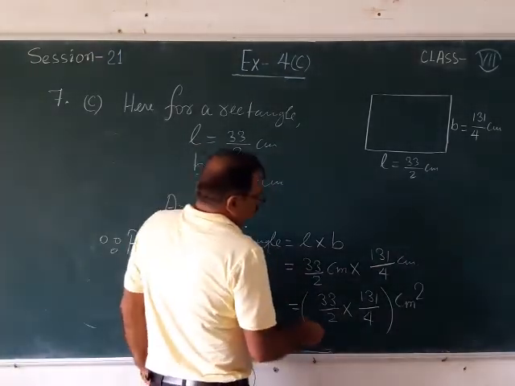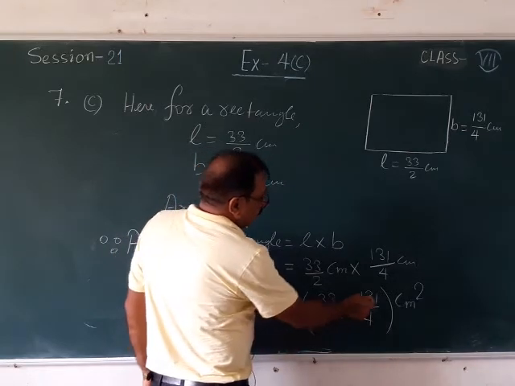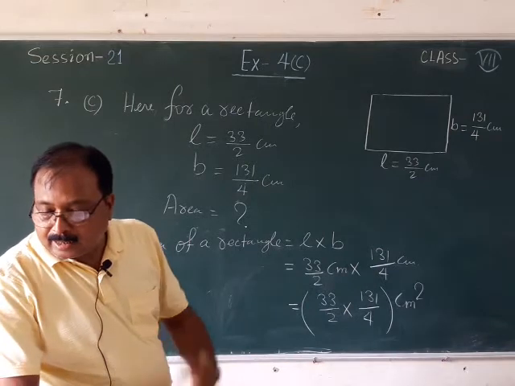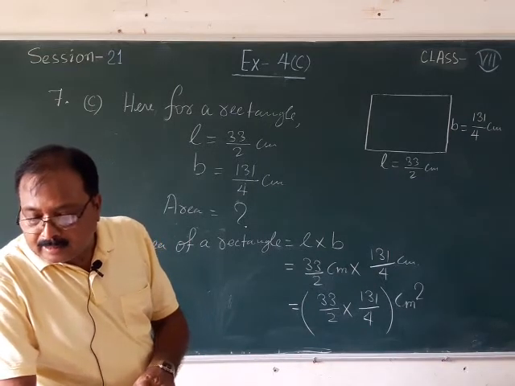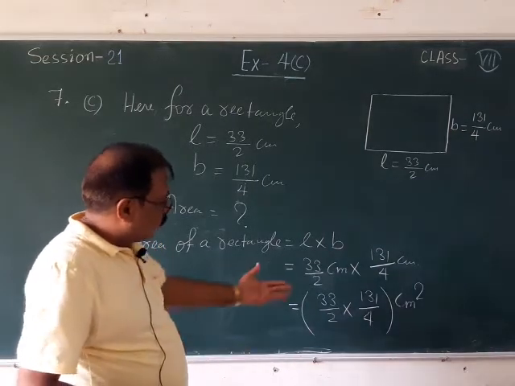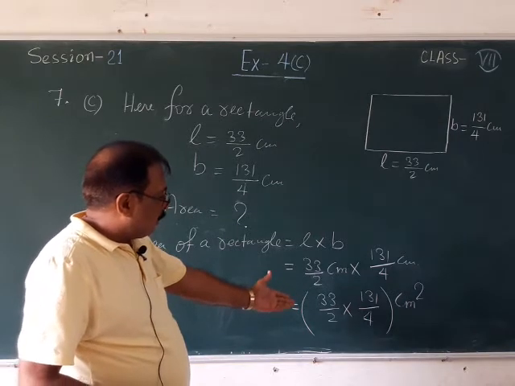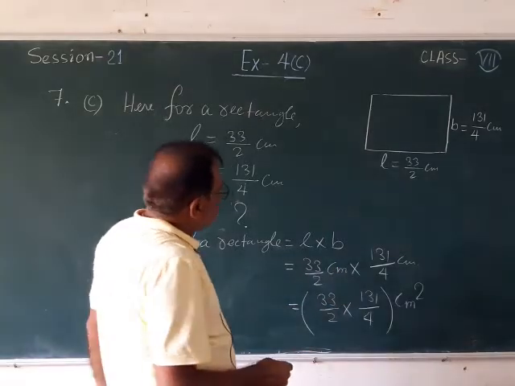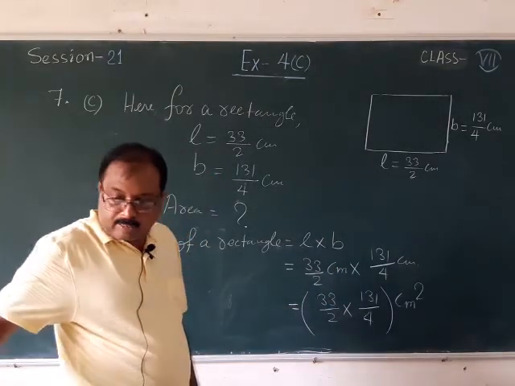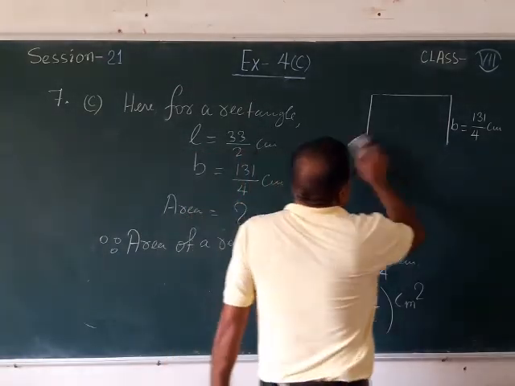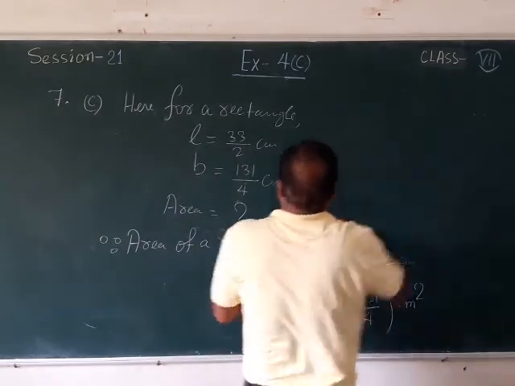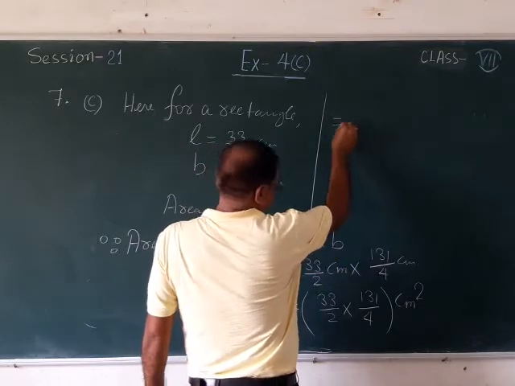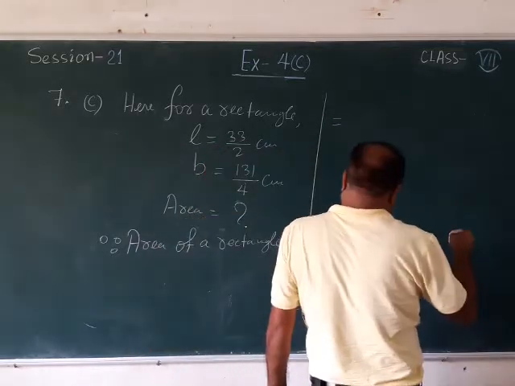Now you check that if you are able to cancel the numbers, you can cancel, and if you are unable to cancel, no need to cancel, just you need to multiply. So now you can multiply 131 and 33, because you can see the numbers cannot cancel each other. So just you can multiply it to write the answer. Further you will multiply 33 into 131.